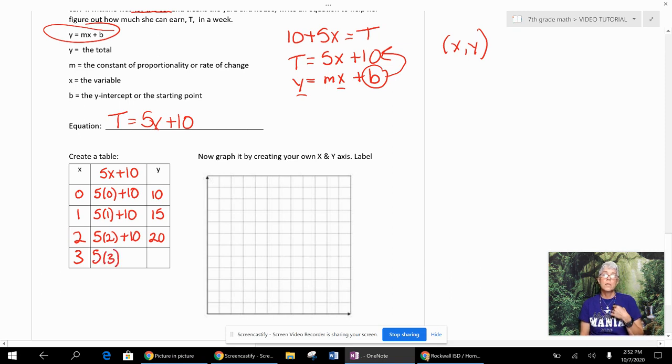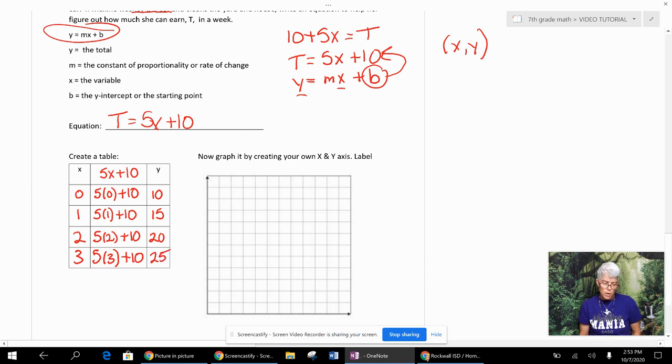Remember, I'm just substituting the number of hours she works for the x, the independent variable, the thing that can change. 5 is the constant rate of change because she gets $5 plus $5 plus $5 plus 10, and that would be $25.